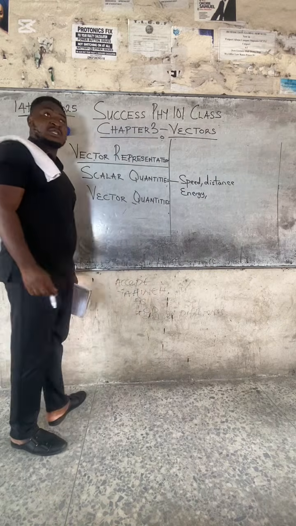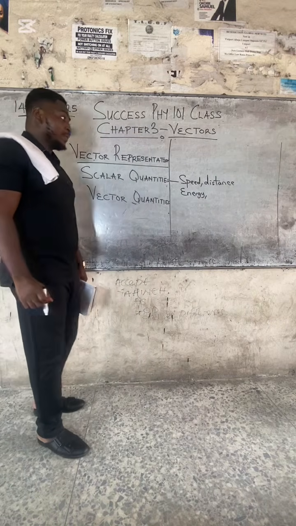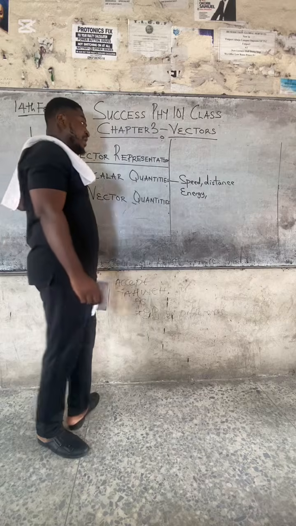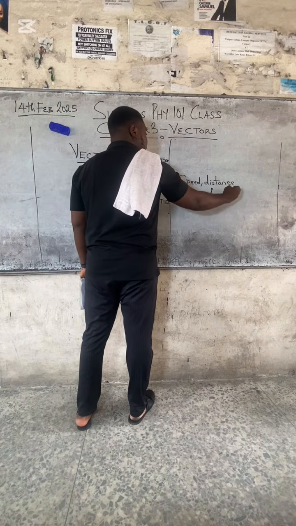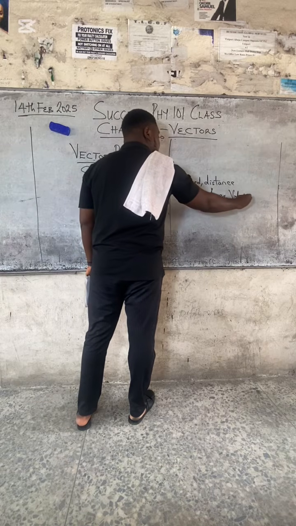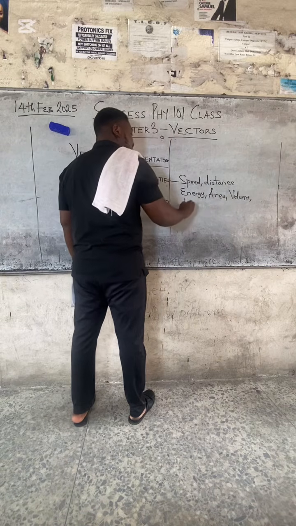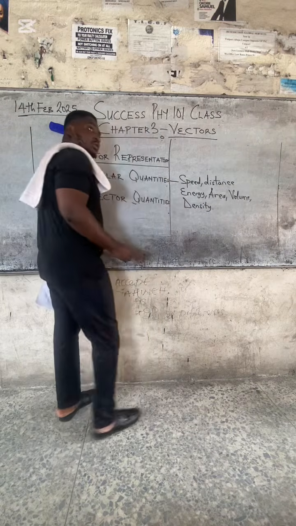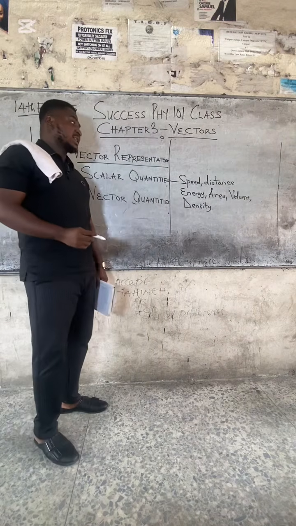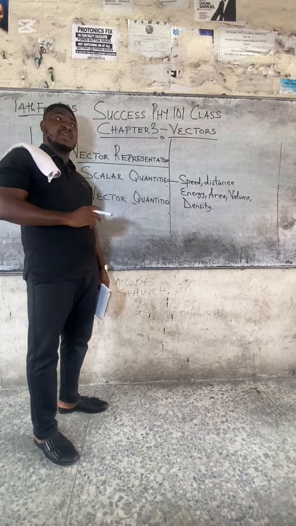Energy is a scalar quantity. These quantities have magnitude but no direction. Area is a scalar quantity. Area does not give you direction. Volume is a scalar quantity. Density does not have anything to do with direction, just magnitude. All these quantities are scalar quantities. They do not have direction.